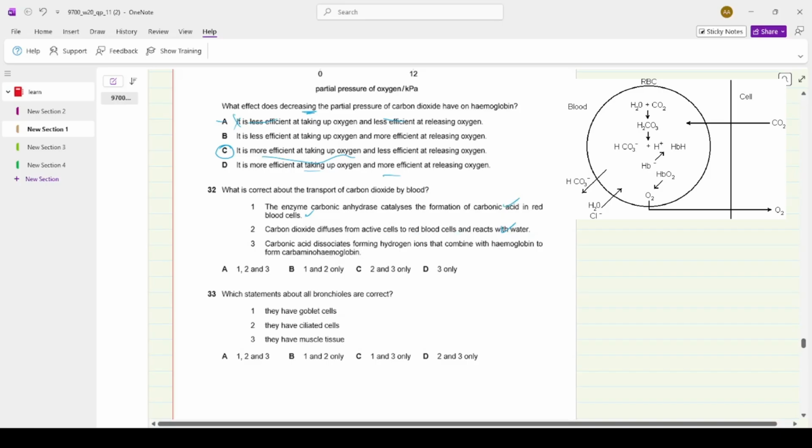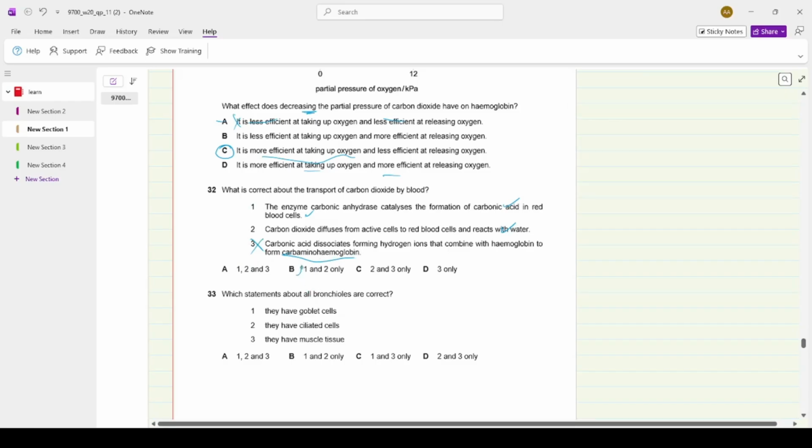So these are correct. Then 3, carbonic acid dissociates to form hydrogen ions that combine with hemoglobin to form carbaminohemoglobin. This is not true. It actually forms haemoglobinic acid. So 3 is out, but we are convinced about 1 and 2. So the answer here, which is more probable, will be B, 1 and 2 only.